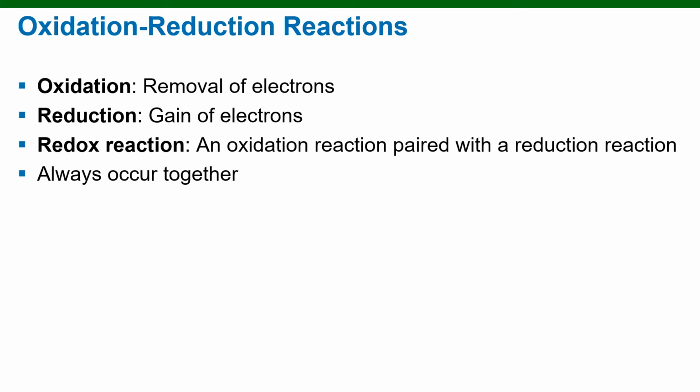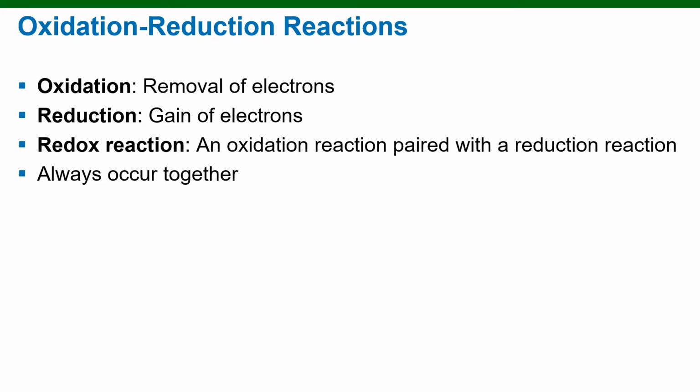Many biochemical reactions involved in metabolism are referred to as redox reactions. If we remember back to chapter 2 in chemistry with the acronym OIL RIG, it stands for oxidation is loss and reduction is gain. An oxidation is when electrons are removed from an atom or a molecule.